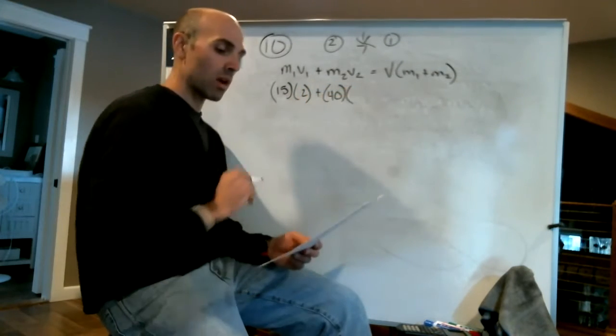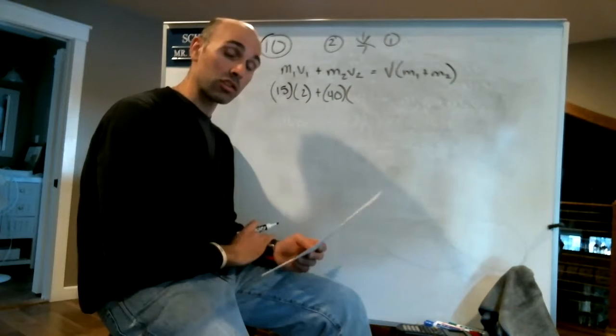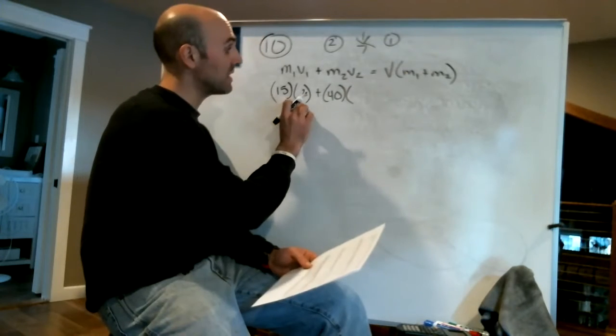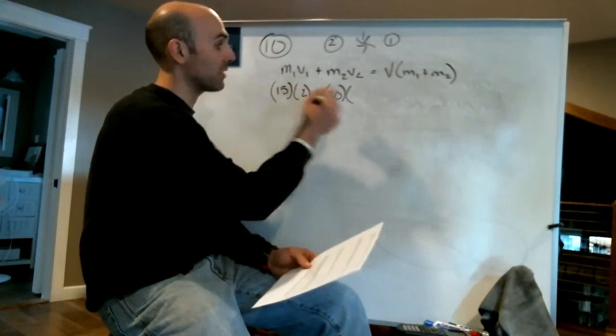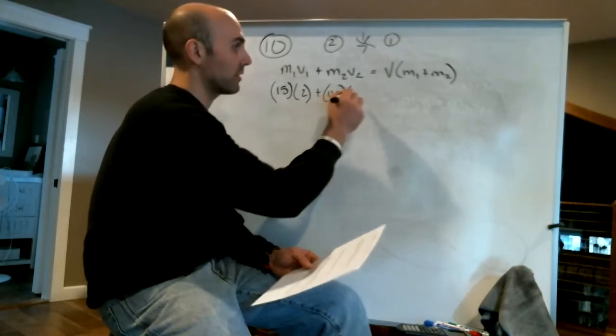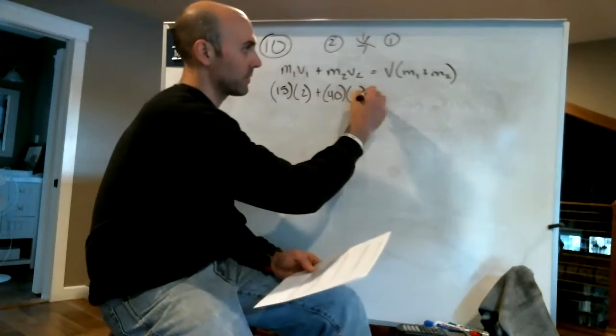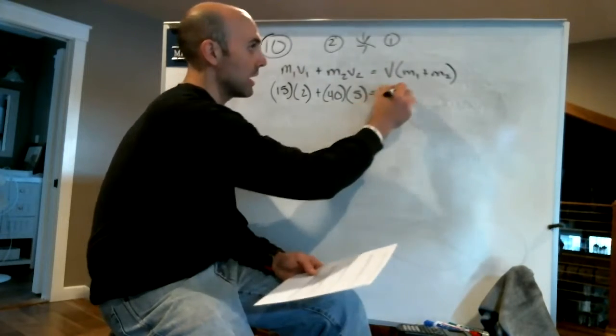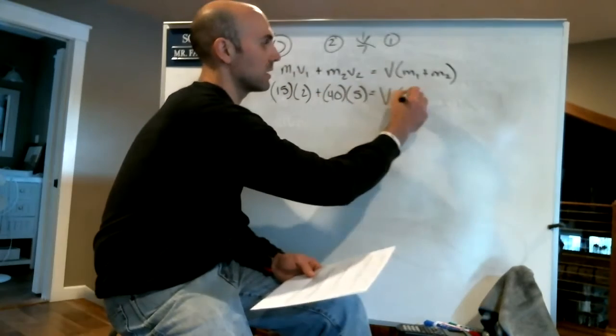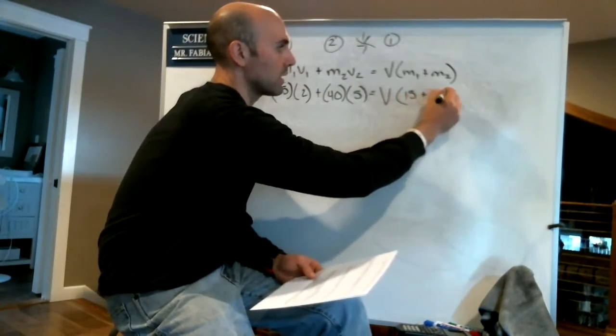And he is actually running in the same direction as the sled, which means he keeps the same sign as the sled, which was positive. So this is also positive, is 5. We have the velocity, that is what we're looking for. And we know the masses are 15 and 40.